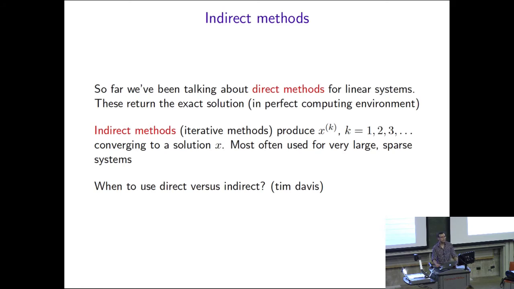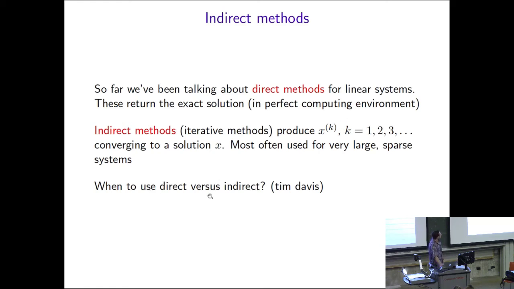They are not exact. They don't give you the exact solution in a perfect computing environment in any finite number of iterations in general. The only exception that we very briefly talked about was the simplex algorithm. It is a direct, non-iterative method for linear programs. But everything else you've learned so far, think about it as being iterative or indirect.